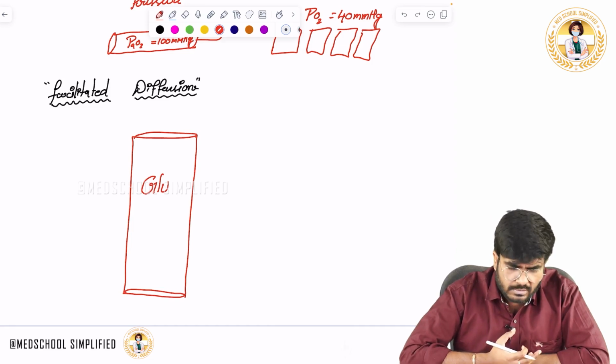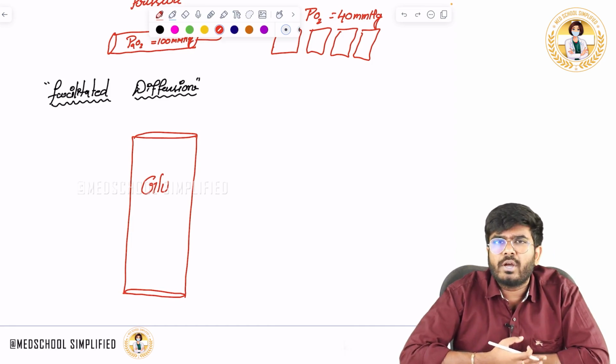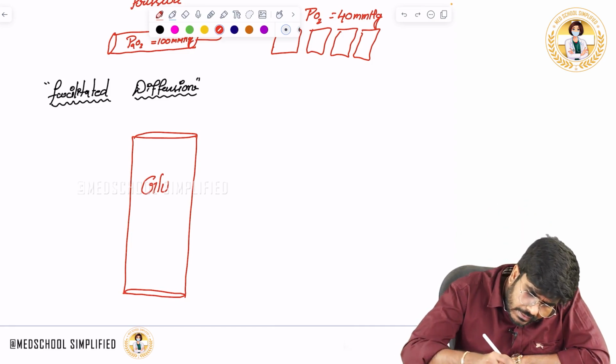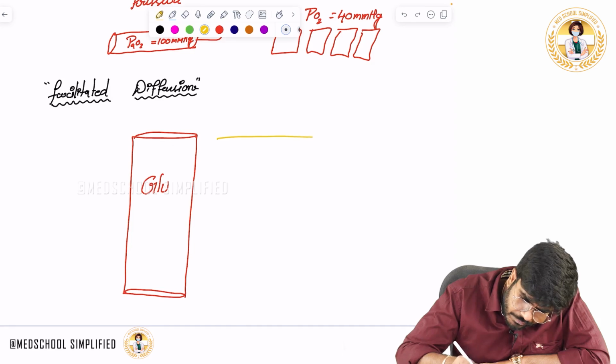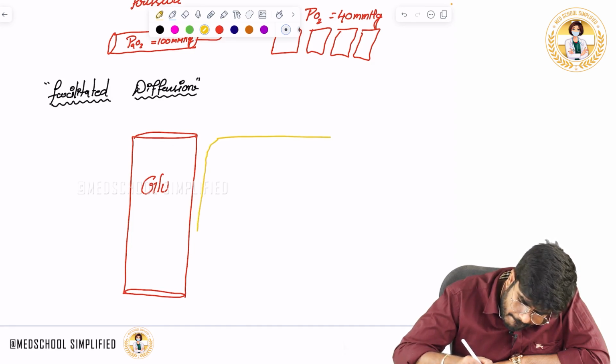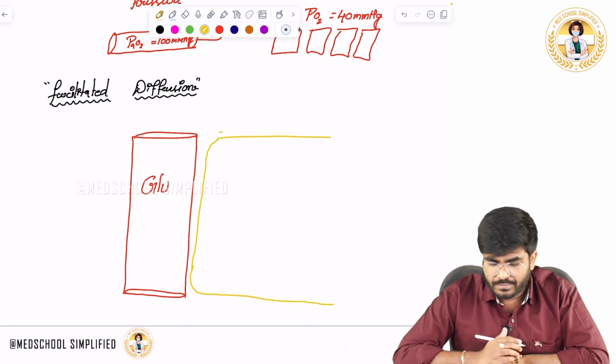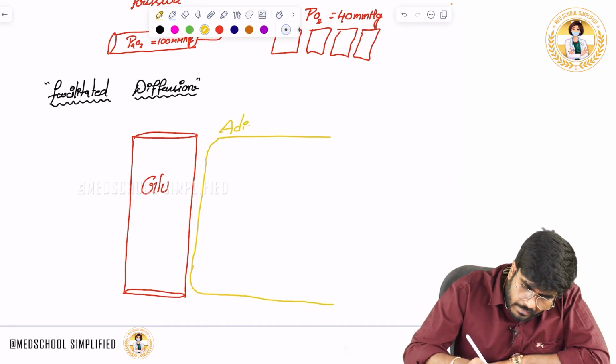The cells will take this glucose, and the glucose will undergo oxidative phosphorylation for the production of ATP. Here I am showing this yellow cell. By this time you should ask, what is this cell, sir? Adipocytes, or you can say skeletal muscles.